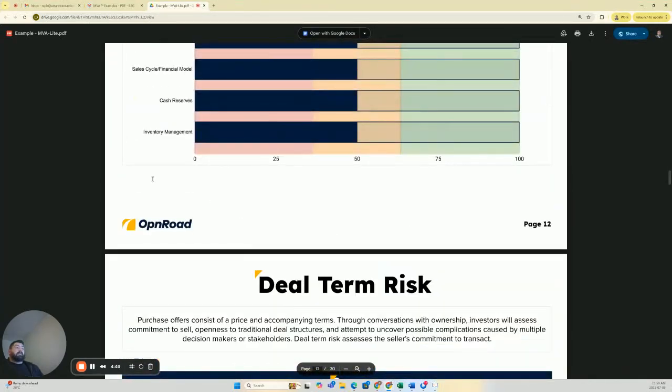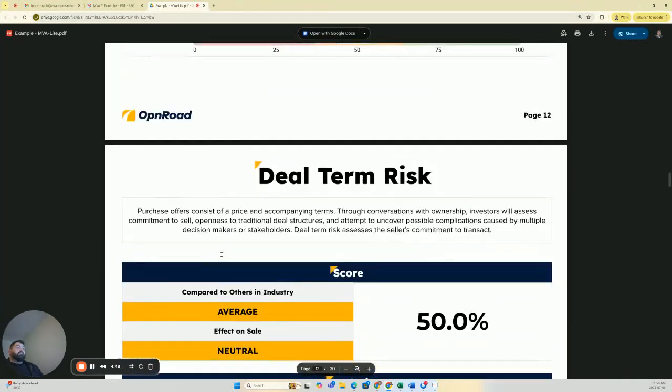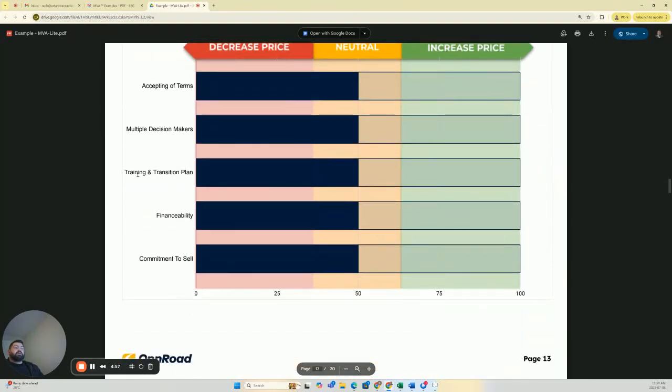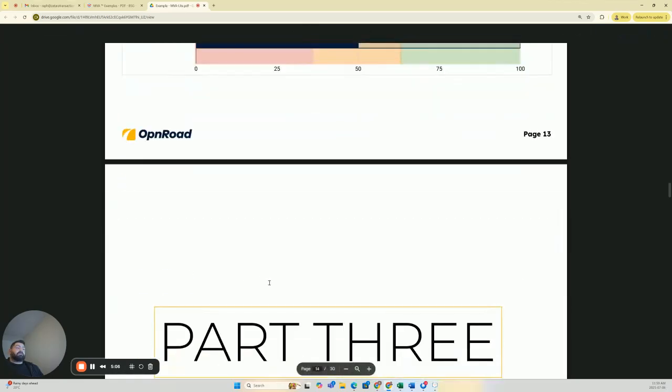Are they really good at managing that inventory? Then you have your deal team risk. So how flexible are you on terms? How many decision makers are there? What training and transition plan are you willing to offer? How financeable is the business, and how committed are you to the sale?